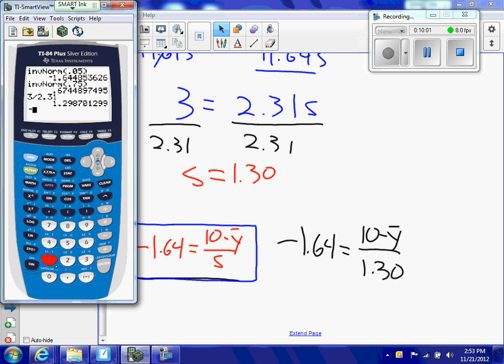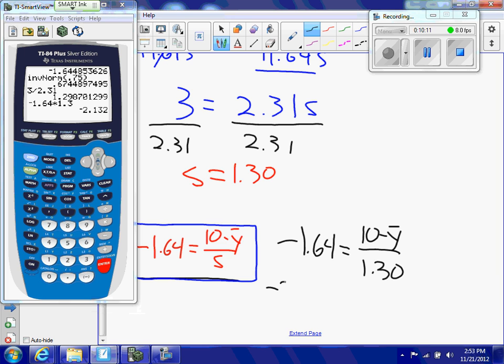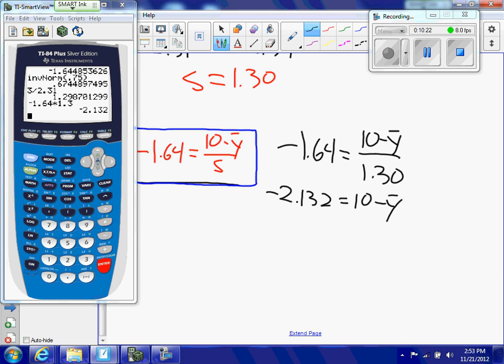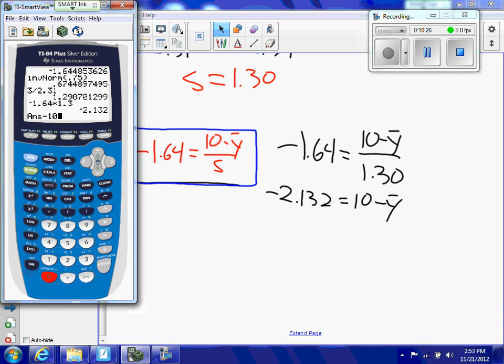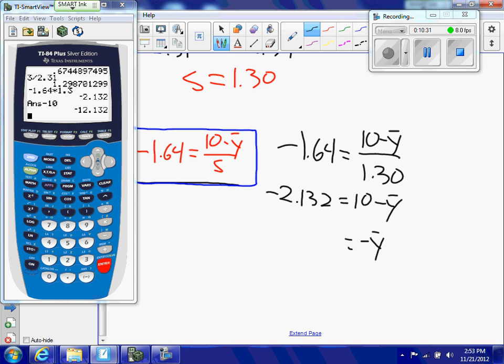Let's do the math. Negative 1.64 times 1.3 gives us negative 2.132 is equal to 10 minus y bar. If we subtract 10 from both sides, I get negative y bar is equal to negative 12.132.